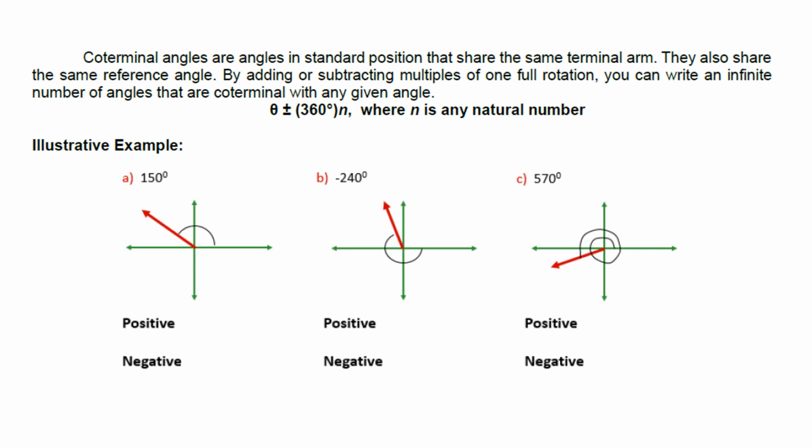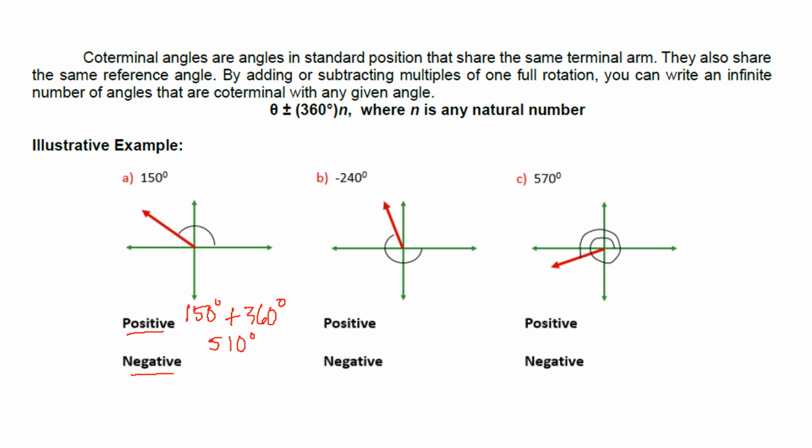All right, so let's have some more examples. We are required here to find a positive and negative coterminal angle to 150 degrees. As we have learned a while ago, to get one positive coterminal angle to 150, what are we going to do? We will just add 360 degrees. So 150 degrees plus 360 degrees is equal to 510 degrees.